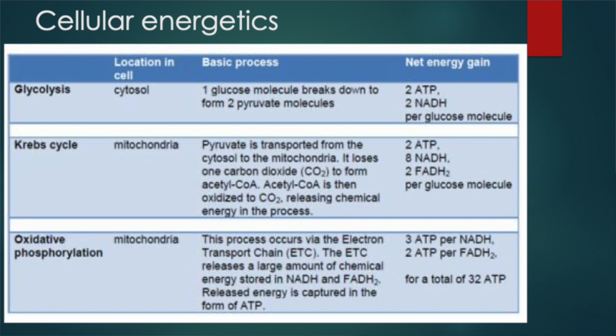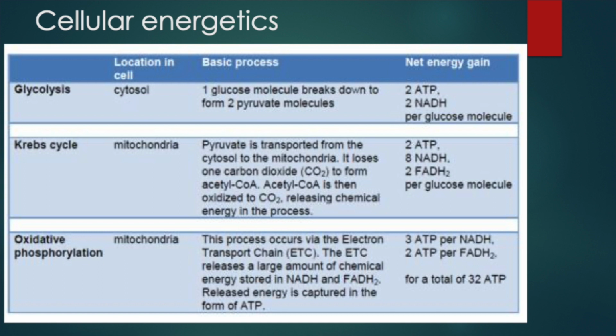So, if you look at the production of ATP, glycolysis produces 2 molecules of ATP and 2 molecules of NADH per molecule of glucose utilized. In the Krebs cycle, the energy produced is 2 ATP, 8 molecules of NADH and 2 molecules of FADH2 per glucose molecule, and coming to oxidative phosphorylation, it is 3 molecules of ATP per NADH molecule that is utilized, as well as 2 molecules of ATP per FADH2 molecule that is produced.